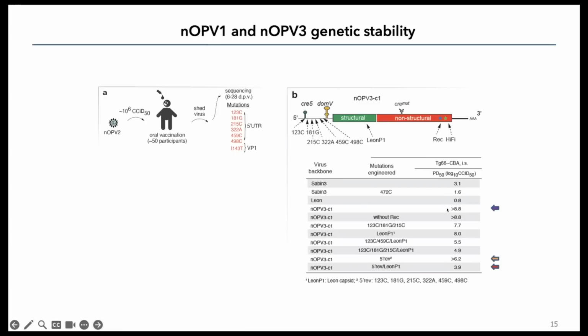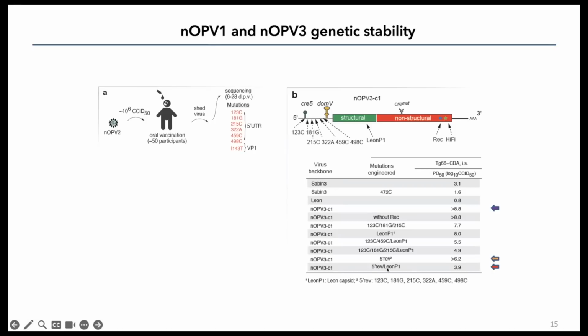But the important thing is when you introduce all these mutations in this strain, the attenuation still is maintained, and it's only when you put all these mutations and also replace the structural proteins by Leon proteins that now you get to a point that you have similar neurovirulence that compares very close to the original Sabin 3.